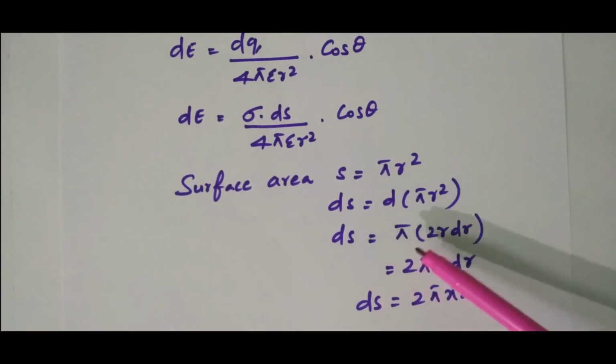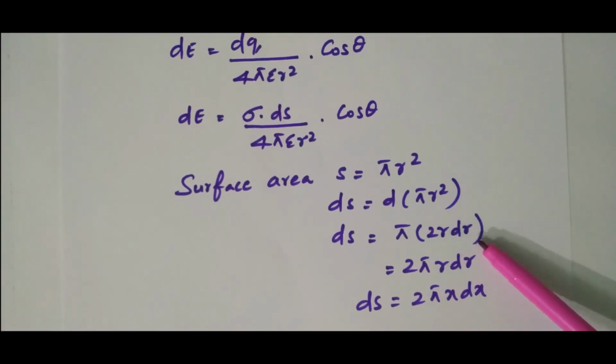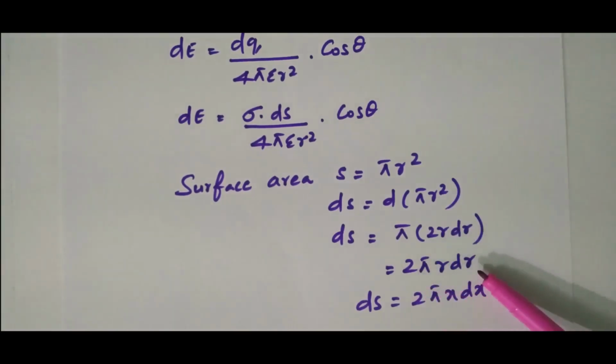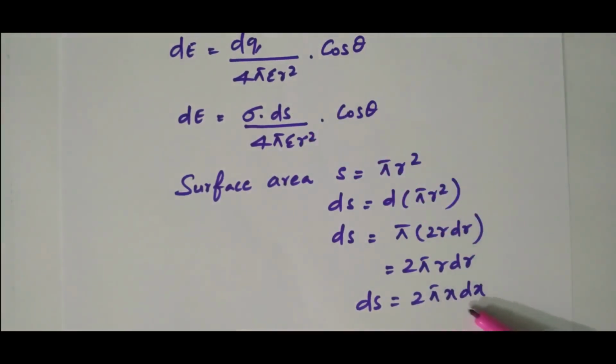So ds equal to pi, the differentiation of r square is 2r into dr. So ds equals 2 pi r dr. But in the diagram we consider x. We consider one small ring at x meter. So ds equal to 2 pi x dx. Now we can replace this ds with 2 pi x dx.